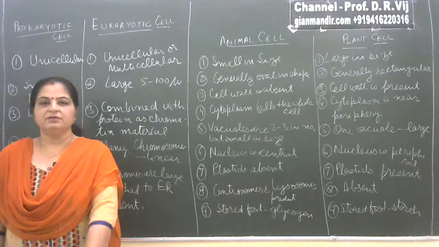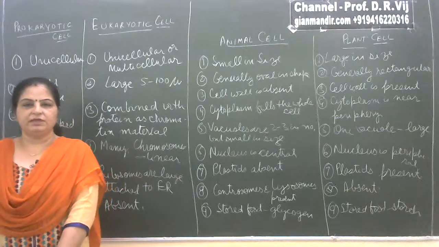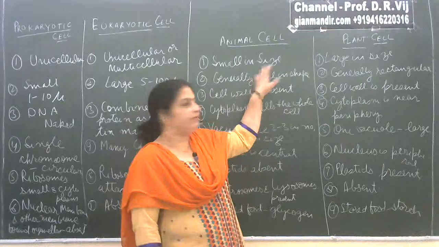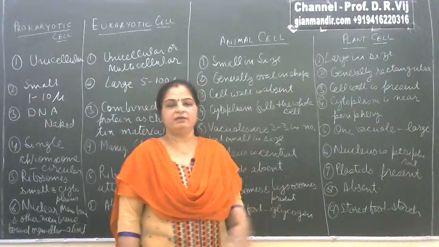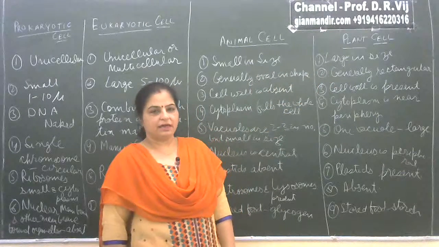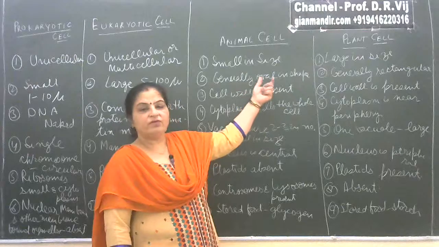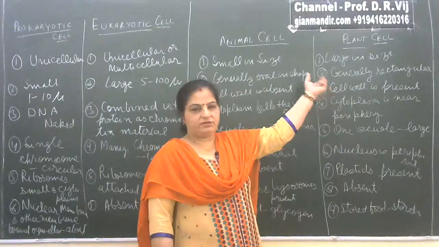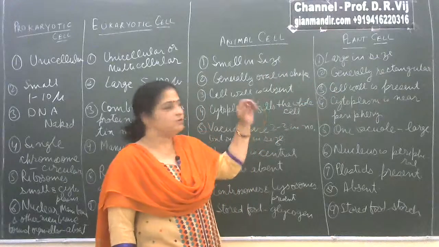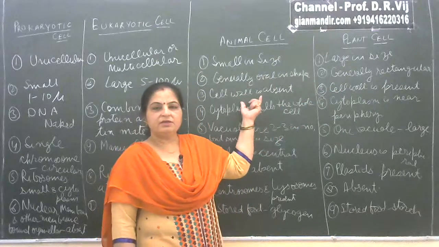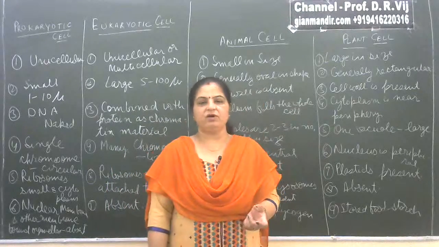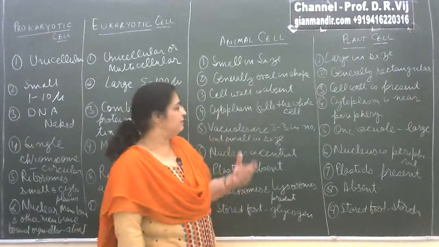So here we can see the comparison between animal cells and plant cells summarized just for your convenience. Animal cells are comparatively small in size, whereas plant cells are comparatively large. The shape of animal cells is generally oval, and in plant cells it is almost rectangular. In animal cells there is no cell wall, but in plant cells there is a cell wall made up of cellulose.